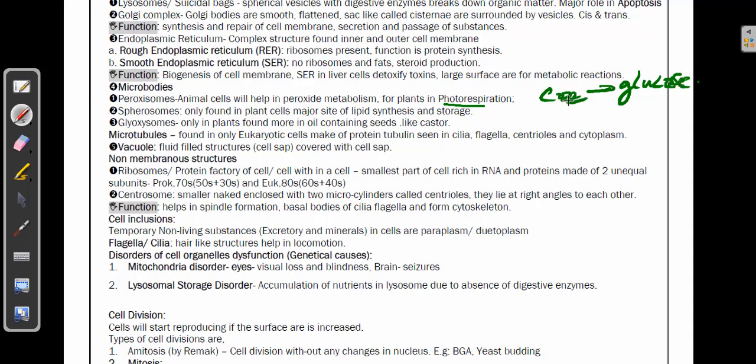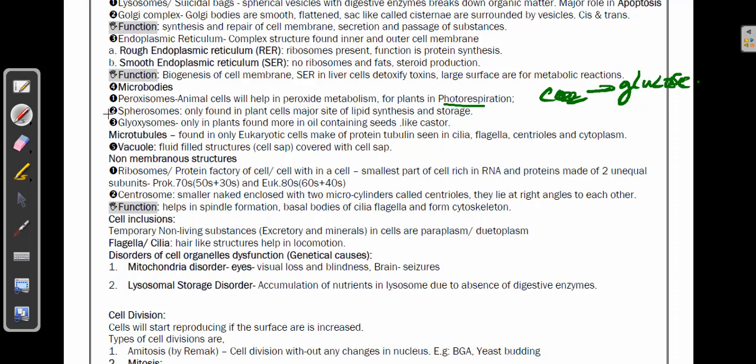You know that plants also produce oxygen. Whenever oxygen is deposited inside the plant, it doesn't allow the plant to undergo photosynthesis. Hence, photorespiration happens in order to get rid of the oxygen being evolved inside the plant. That's why this process is called photorespiration: in the presence of light, respiration is taking place.